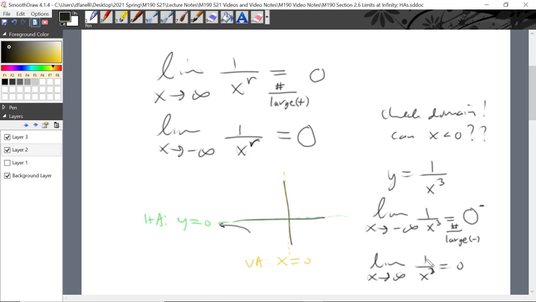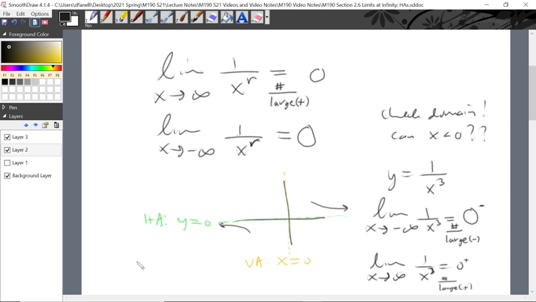The numerator is a positive 1, and the denominator is going to be the cube of a positive number, so it's going to be a really, really large but positive number, so we're approaching 0 from above. So this function is approaching like that. So that's describing the asymptotic behavior as x goes to infinity and negative infinity for the function y equals 1 over x cubed.